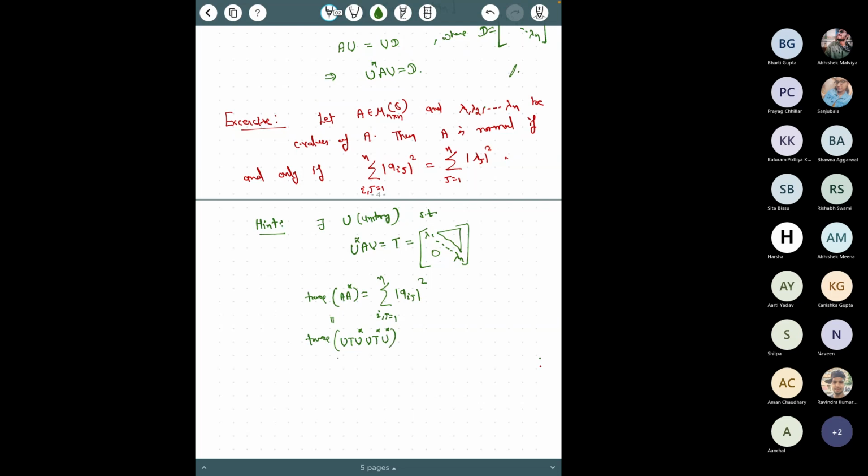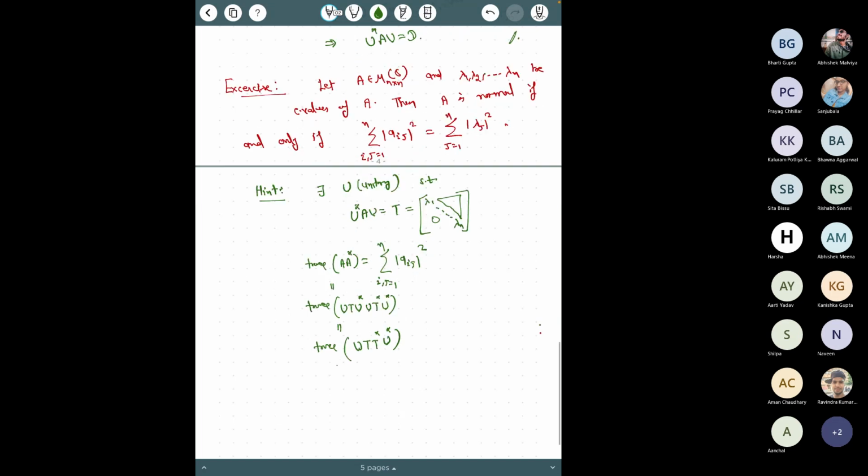So this is the trace of UTT star U star, which equals the trace of TT star U star U, but U star U is identity, so it is just the trace of TT star.